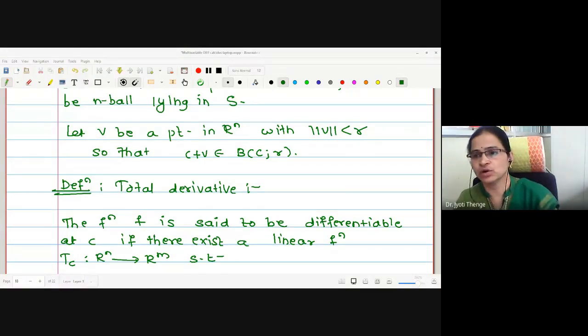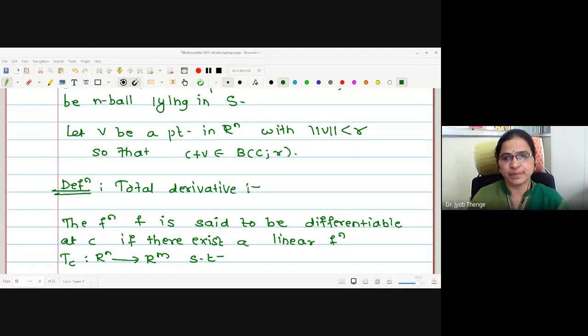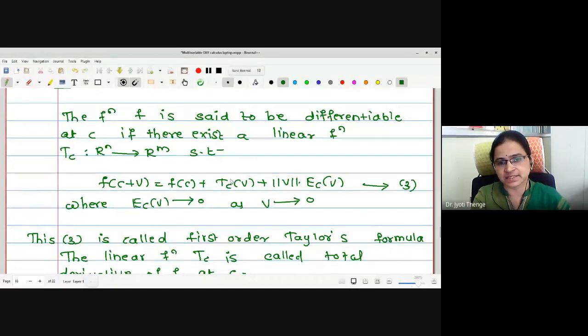So while defining the total derivative, we have just made use of the derivative defined in case of a one variable function with the help of Taylor's formula. And here what is the total derivative? Total derivative is this T_C obtained with statement number 3, called Taylor's formula.